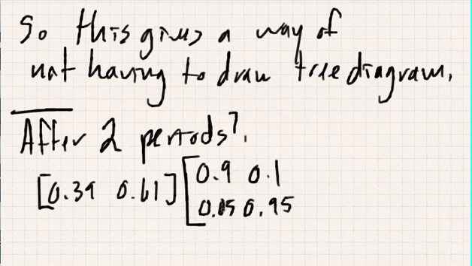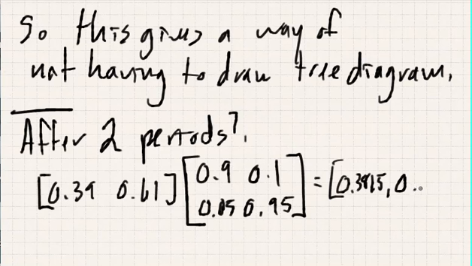That's a 0, not a 6. And just do the multiplication yourself, but what this works out to is 0.3815, and 0.6185. I'm having a hard time not drawing these commas here.